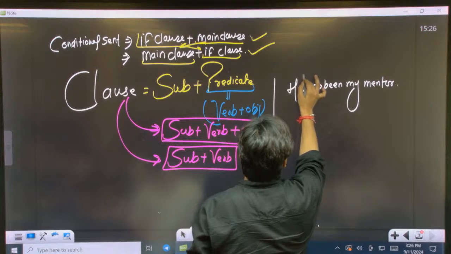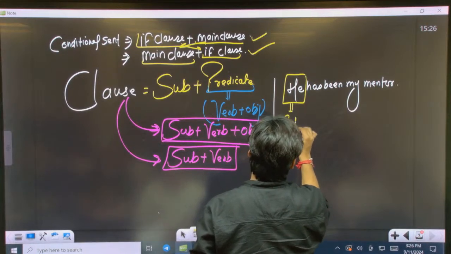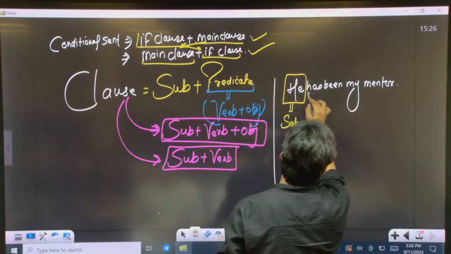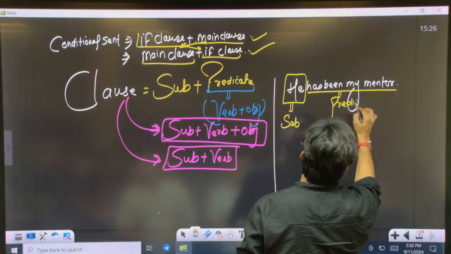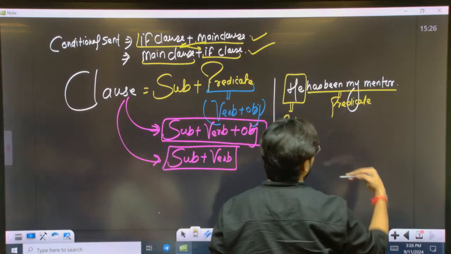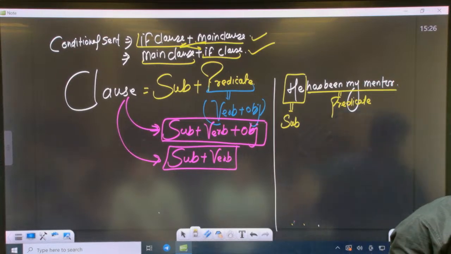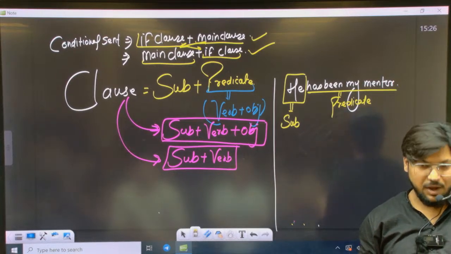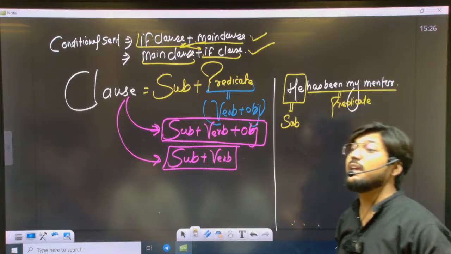So if you find the subject here, the remaining sentence will become what? Predicate, whether it has an object or not. So he will be your pronoun, meaning subject, but the remaining sentence will become your predicate.